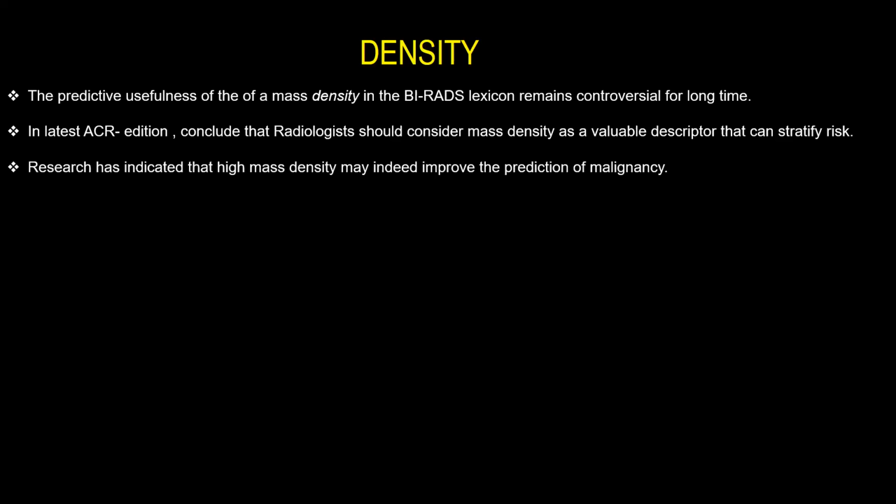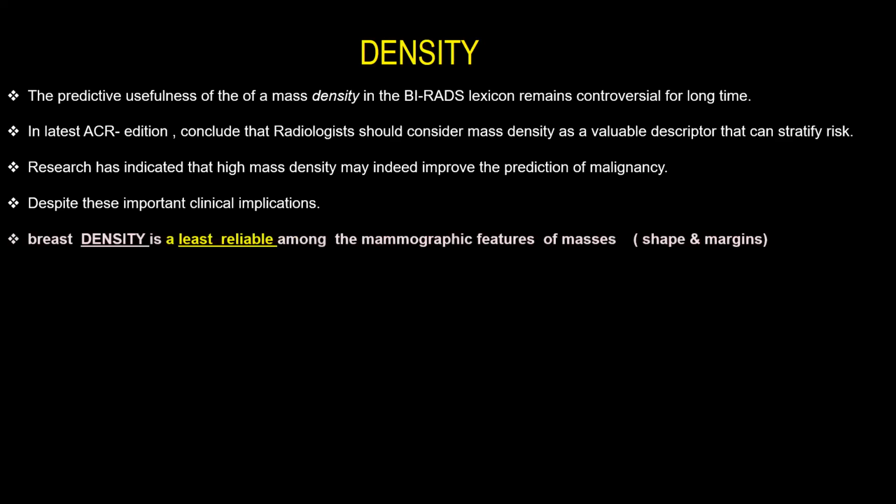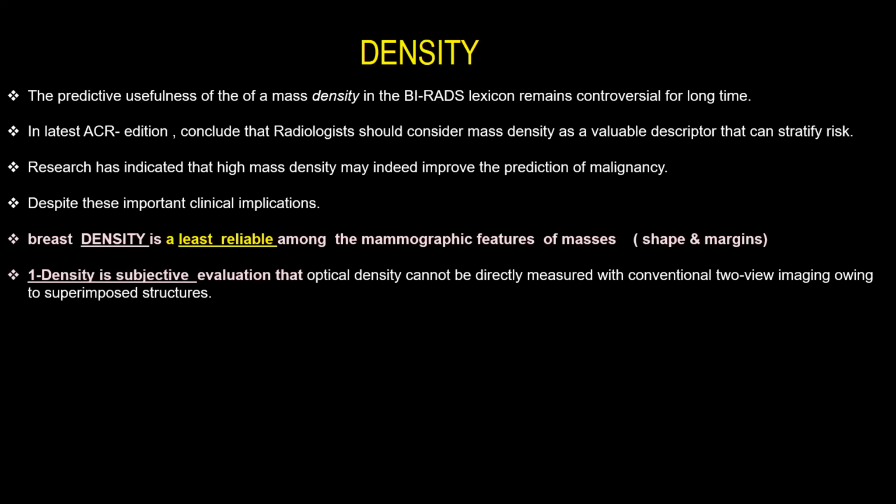Research has indicated that high mass density may indeed improve prediction of malignancy. And despite these important clinical implications, they still consider it less reliable than the morphology. Why? Because it is a subjective evaluation.